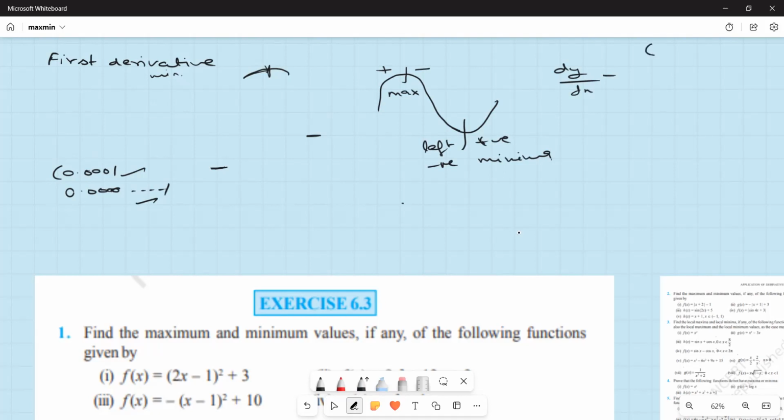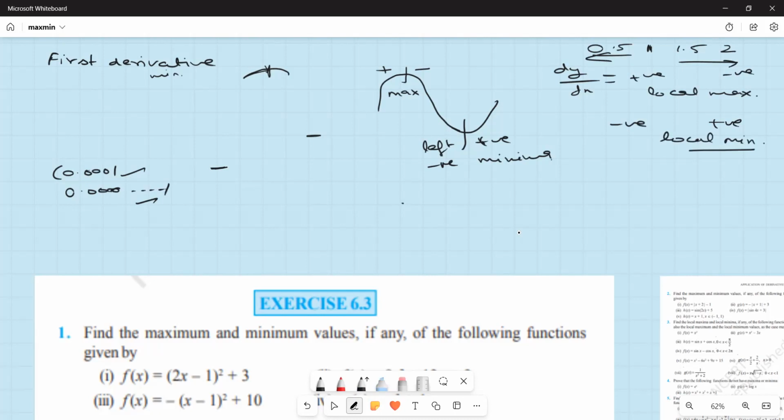Suppose you are checking at 1. Then what will you check? 0.5 on this side or 1.5 on this side? Or 0 on this side or 2 on this side? If on this side it is positive and on this side it is negative, you will say there is a local maximum. And if this side is negative and this side is positive, you will say local minima. This is your first derivative test.